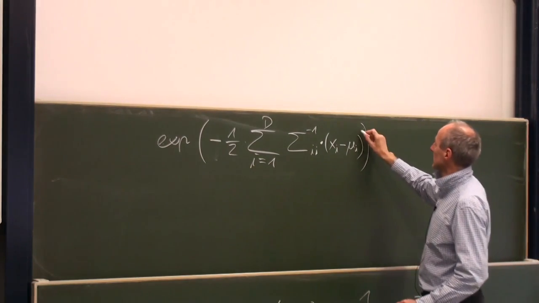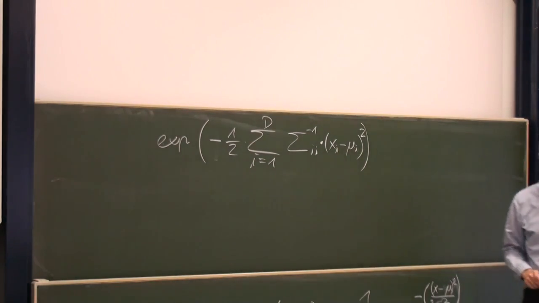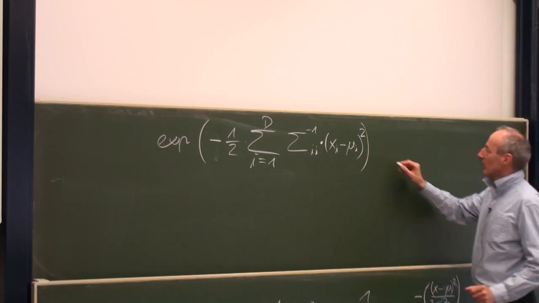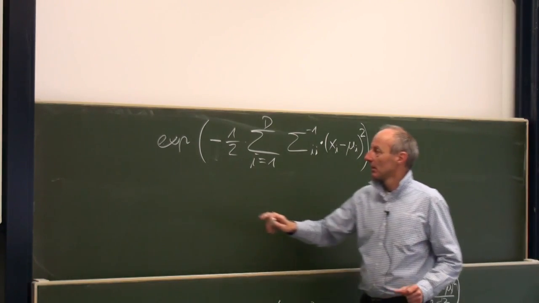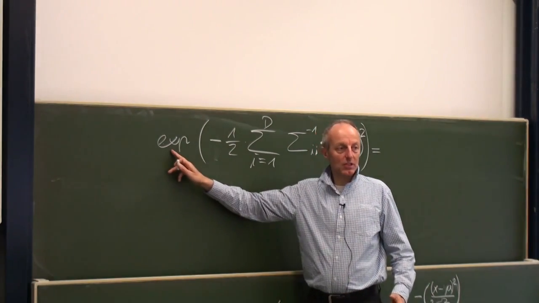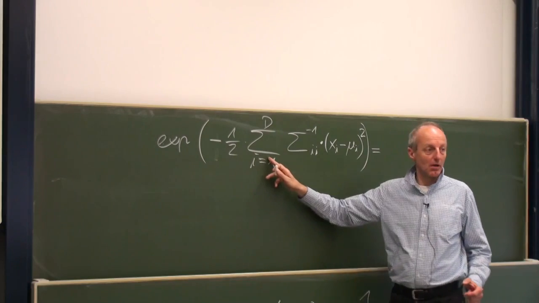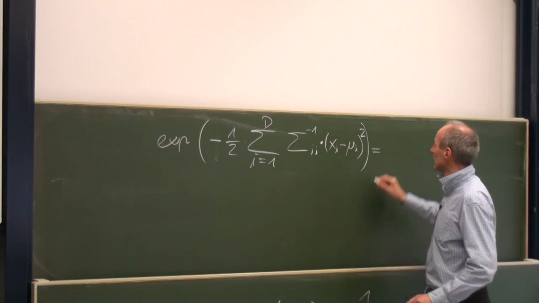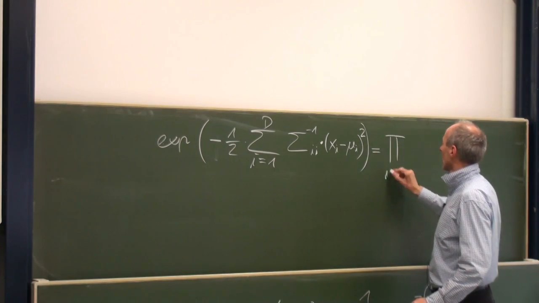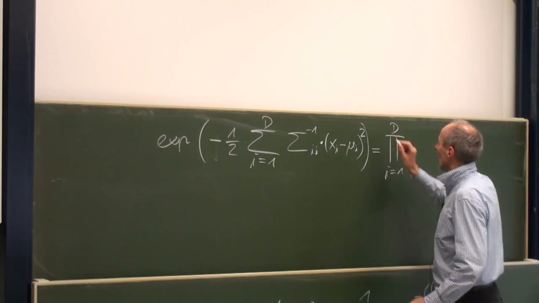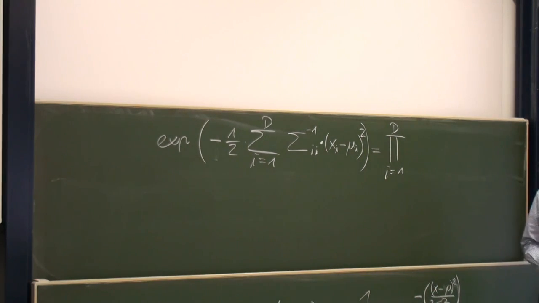There is, of course, missing the square again here. Now we have the exponential function applied to a sum. And this can be written as the product of all the exponentials.